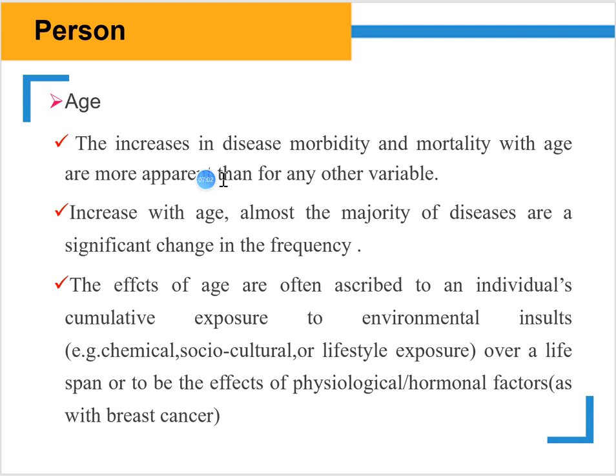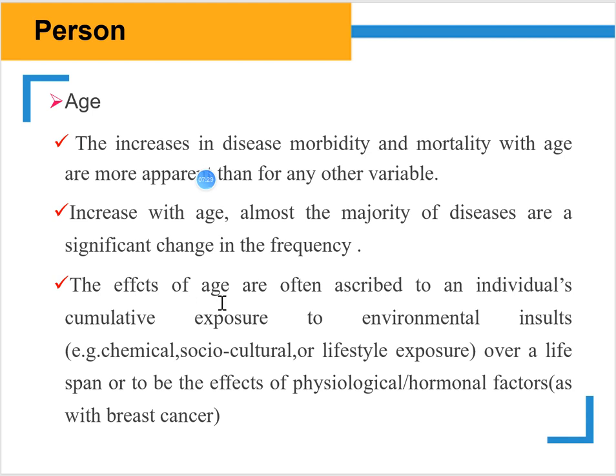Age. There is the closest relationship between age and diseases. The increases in disease, morbidity, and mortality with age are more apparent than for any other variable. With increasing age, almost the majority of diseases show a significant change in frequency.